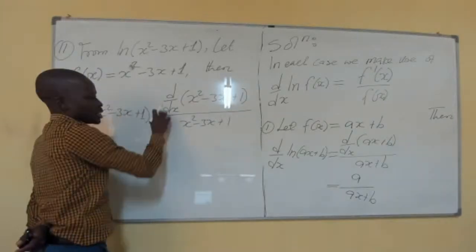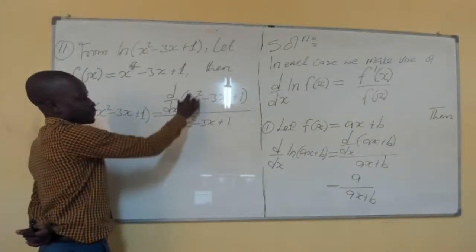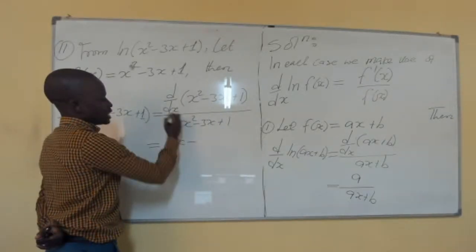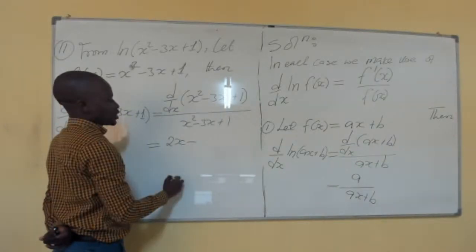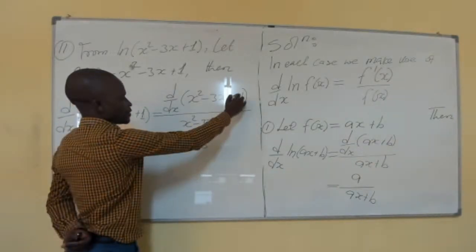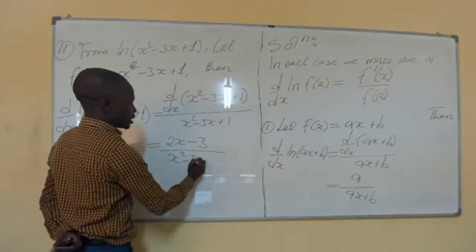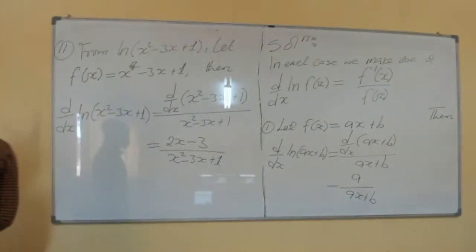Now using the difference and sum rule, the derivative of x squared with respect to x is 2x, minus the derivative of 3x with respect to x, which gives us 3, the derivative of 1 is 0, so over x squared minus 3x plus 1. Now we can't simplify anything there, so we just leave it the way it is.